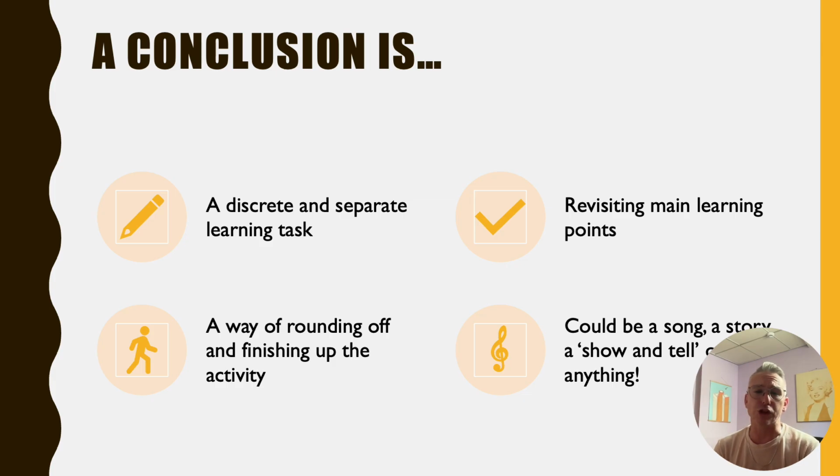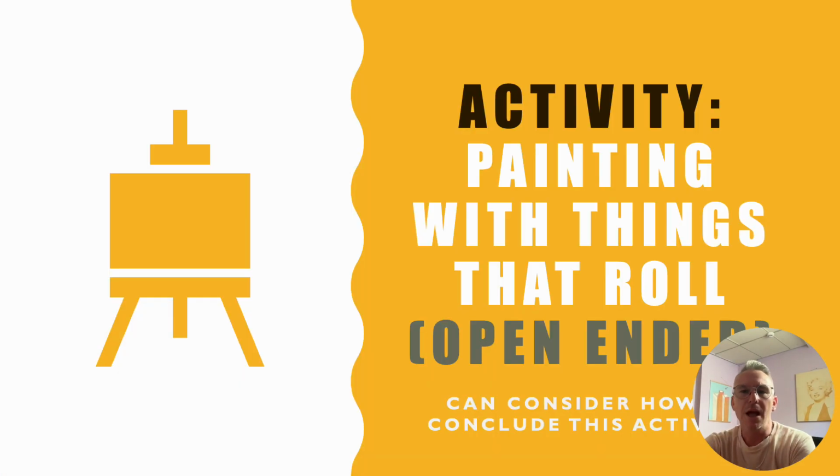You could use a song, a story, a show and tell. It could be anything, but it's a discrete and meaningful part of the activity that pulls the learning and the experience together.